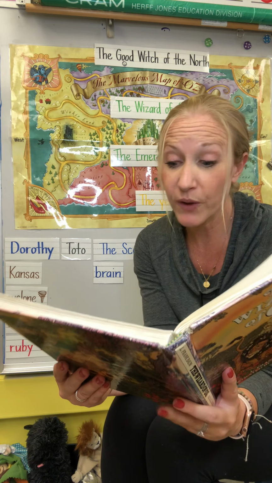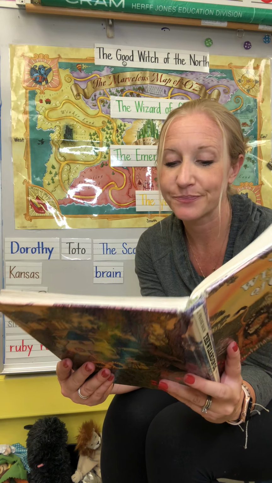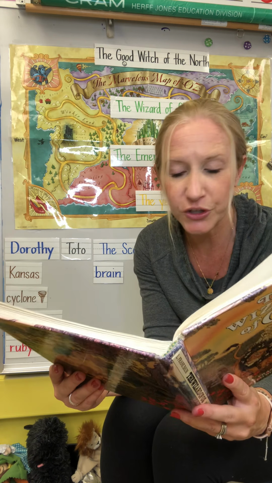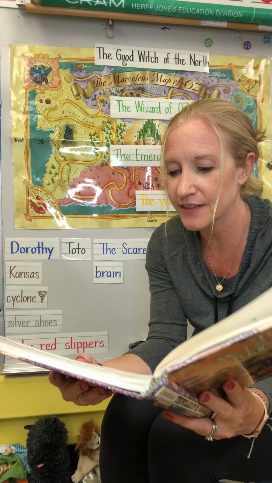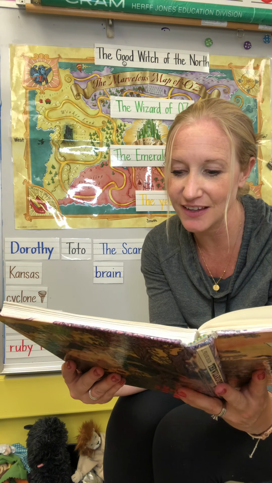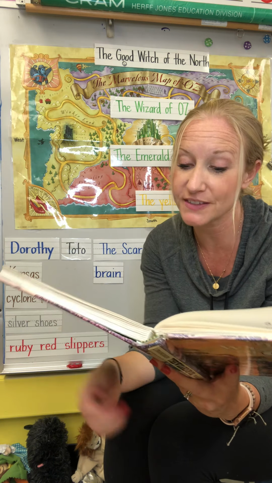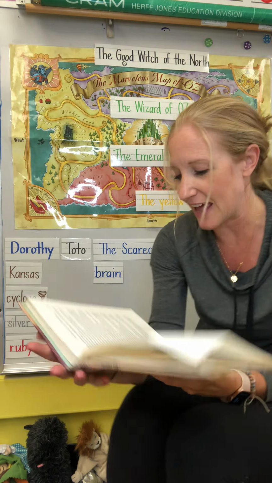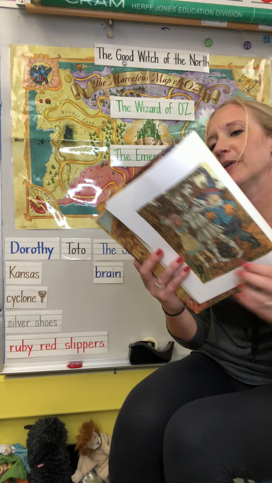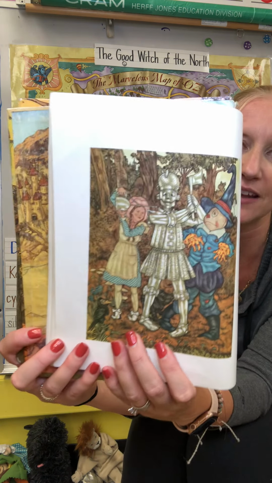"Well, we're on our way to the Emerald City to see the Great Oz," said Dorothy, "and we stopped in your cottage to pass the night." "Oh, and why do you wish to see Oz?" he asked. "Well, I want him to send me back to Kansas, and the Scarecrow wants him to put a few brains into his head," she replied. The Tin Woodman appeared to think deeply for a minute.